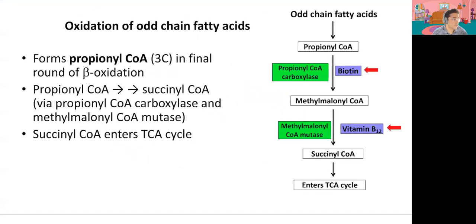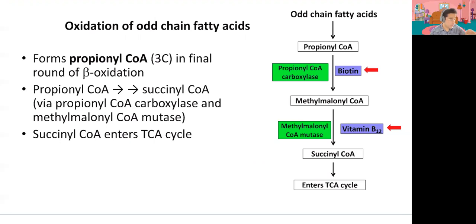Okay, oxidation of odd chain fatty acids. This is a minor pathway, so just keep this in mind. Propionyl CoA is from an odd chain fatty acid, and it's only 3 carbons long, because remember, we start cleaving two carbons at a time from fatty acids. Once we start cleaving it, we break it down into workable components and eventually create products that we can feed directly into the TCA cycle.